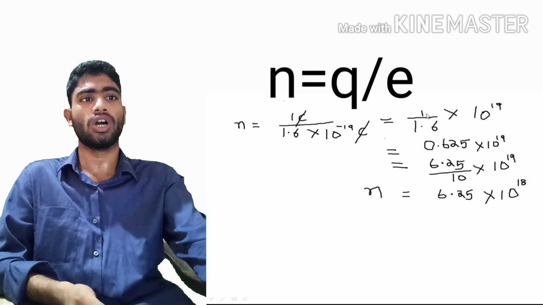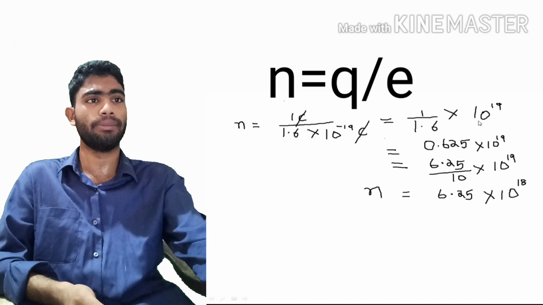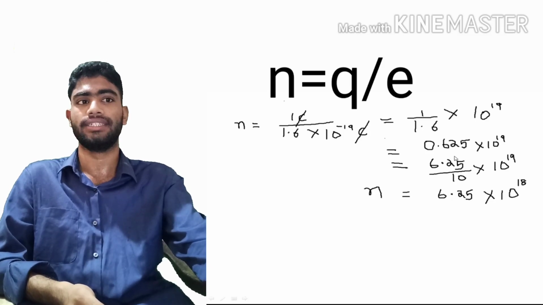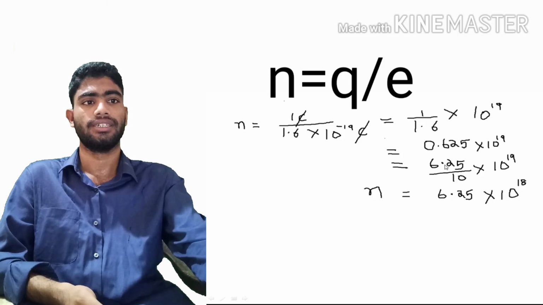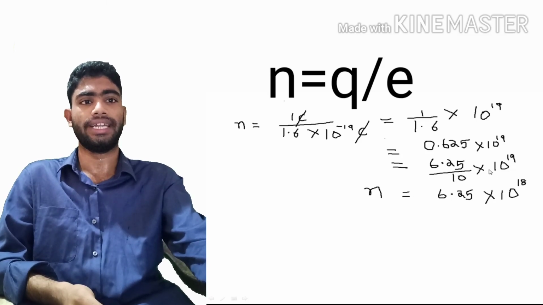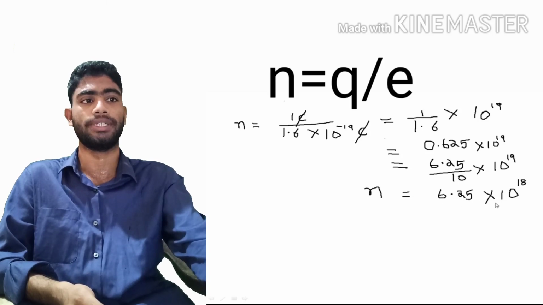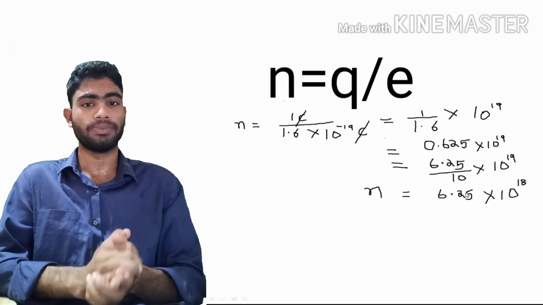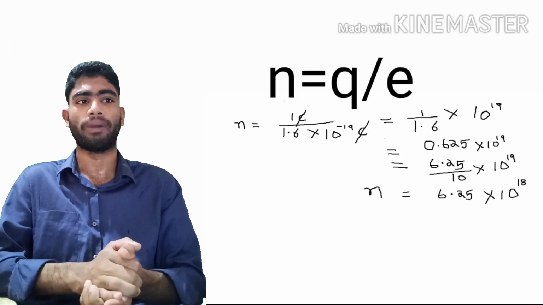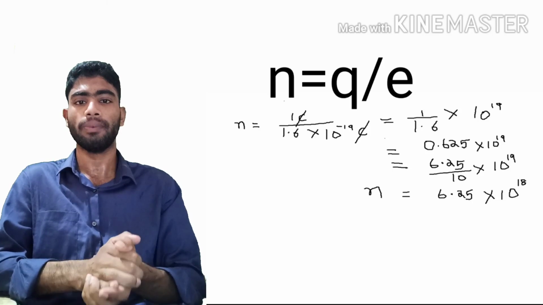If you solve this, you will get 0.625 into 10 to the power 19, which is 6.25 into 10 to the power 18. So 1 coulomb of charge contains 6.25 into 10 to the power 18 electrons.